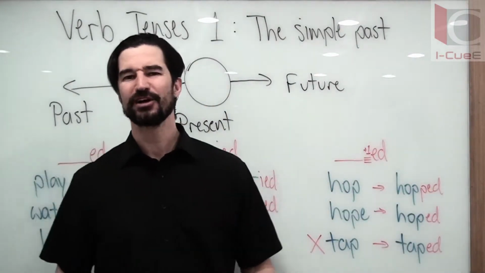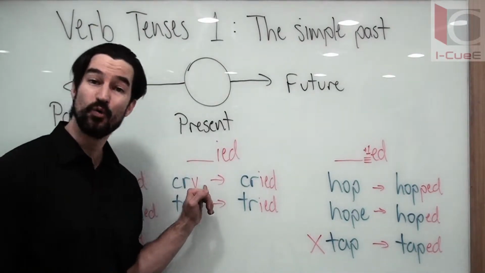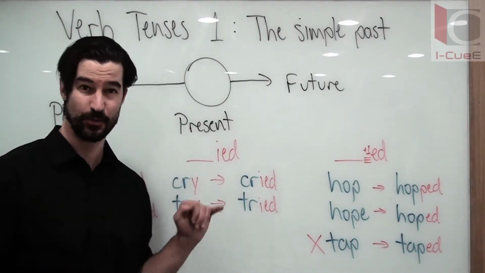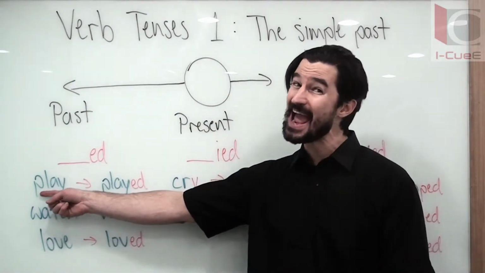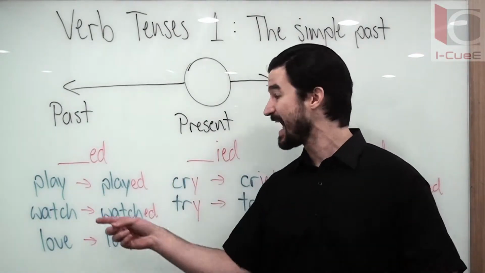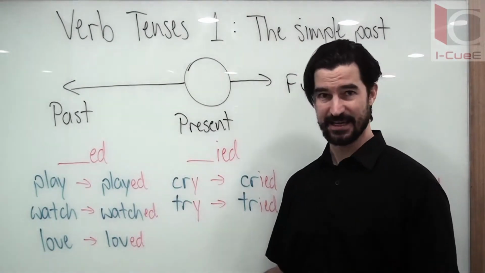What if the word ends in Y as the only vowel in the word, or the only vowel sort of at the end of the word? This rule is a little different. See, here, play ends in Y, but the vowel sound is a very long sound, and it's AY, so there we can add ED.